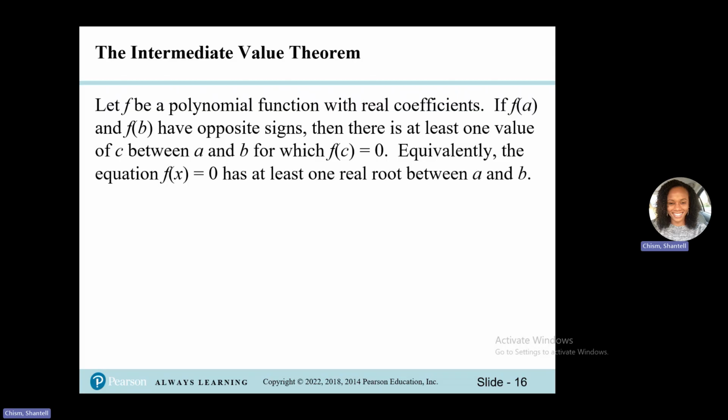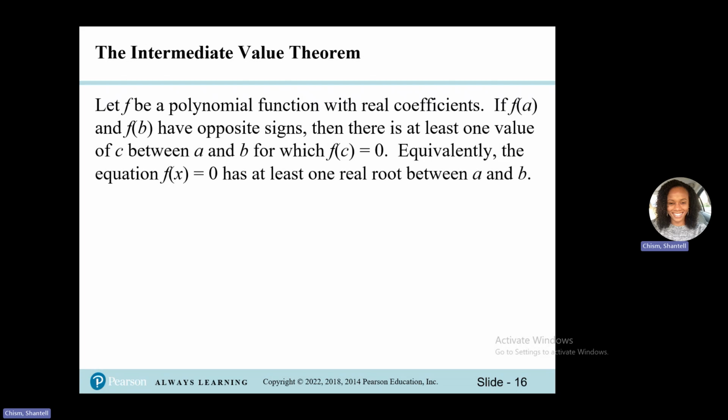So let f be a polynomial function with real coefficients. If f at a and f at b have opposite signs, so let's say f at some value a is a positive number, but f at b is some negative number, then the function crosses the x-axis somewhere between those values.